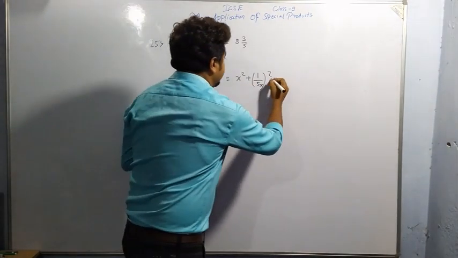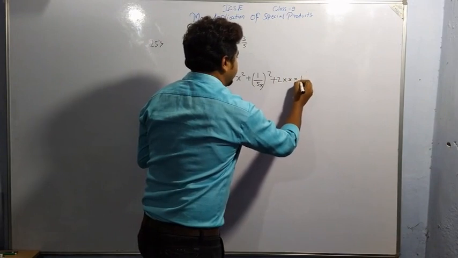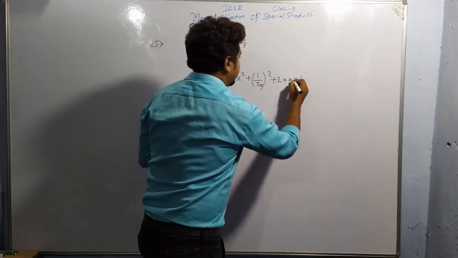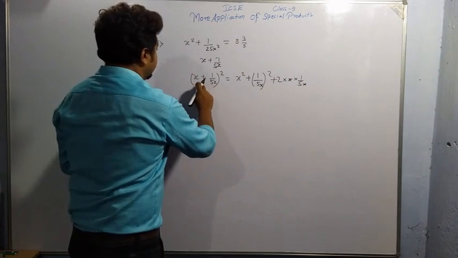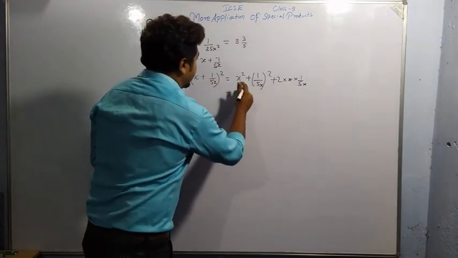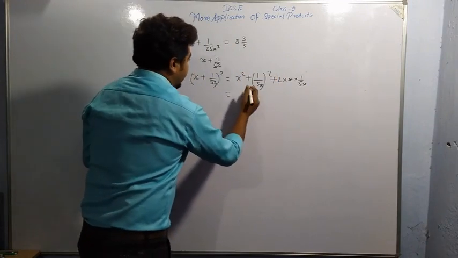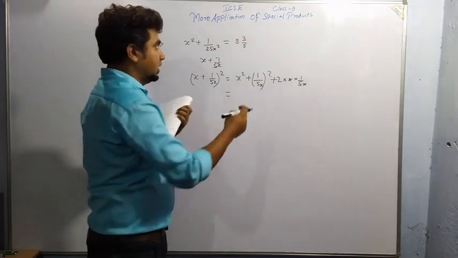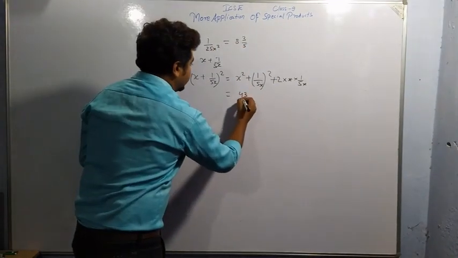Then 2ab. 2ab means 2 into x into 1 by 5x. So from here x and x is getting cancelled. So we have to find this value x plus 1 by 5x whole square, which is coming out to be x square plus 1 by 25x square only. And this value we know is 8 5s are 40, and this is 43 by 5.